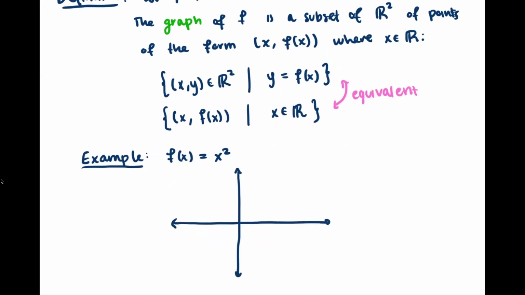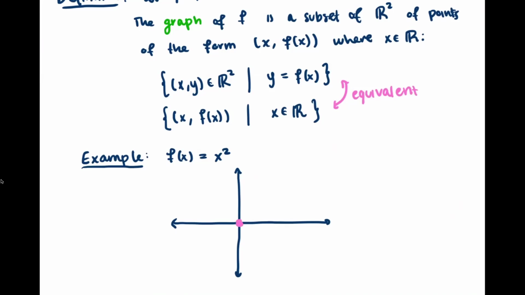Inside of here, I want to identify the pairs of points where the x-coordinate is any real number and the y-coordinate is exactly the output of f. For example, we knew that f of 0 was 0, so 0, 0 is a point in the graph of f.